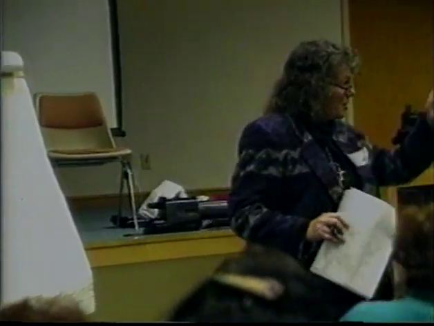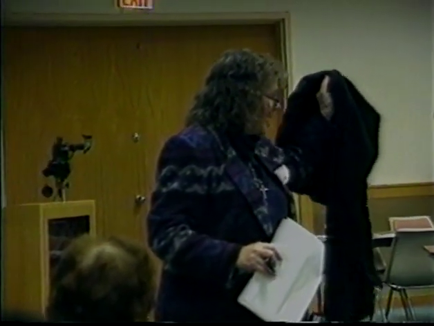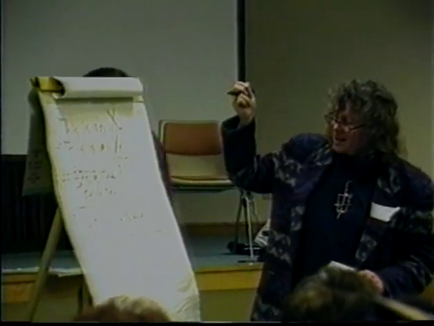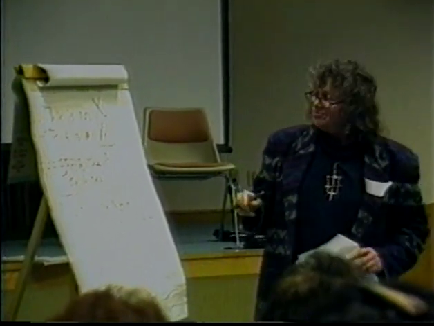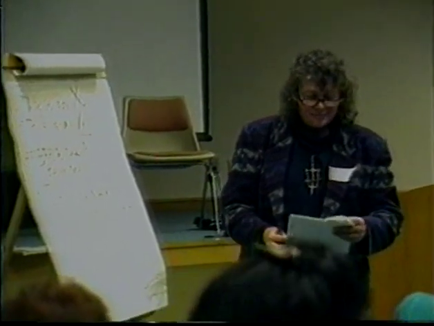Is this a cup? Is this a cup or a jacket? And then the answer is, it's a jacket. And so you do that a few times. Pick up the cup. Is this a cup or a jacket? Pick up the jacket. Is this a cup or a jacket? Until the apprentice can say those words correctly.